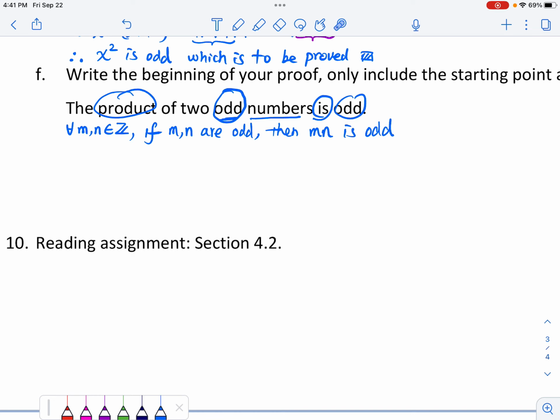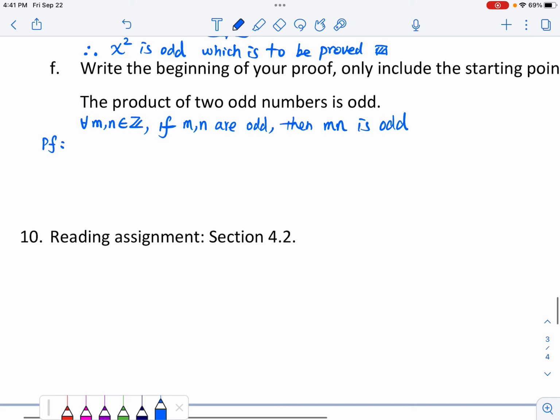I might just translate that into symbolic form. Now here's the starting point. Here's usually how you start the proof. What do you begin with? You start with your hypothesis.